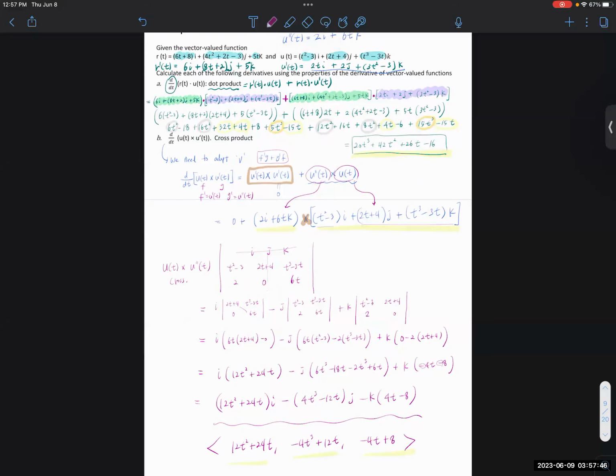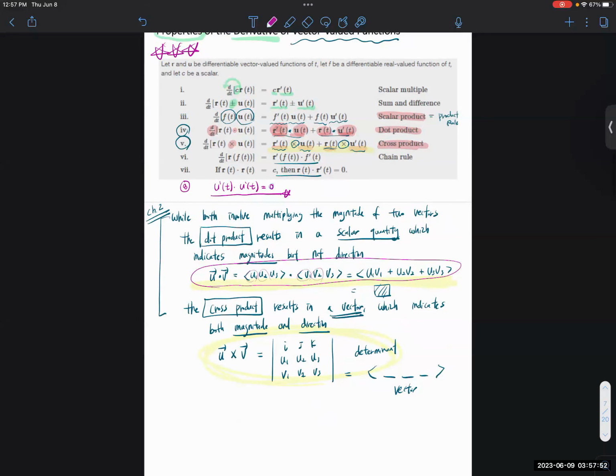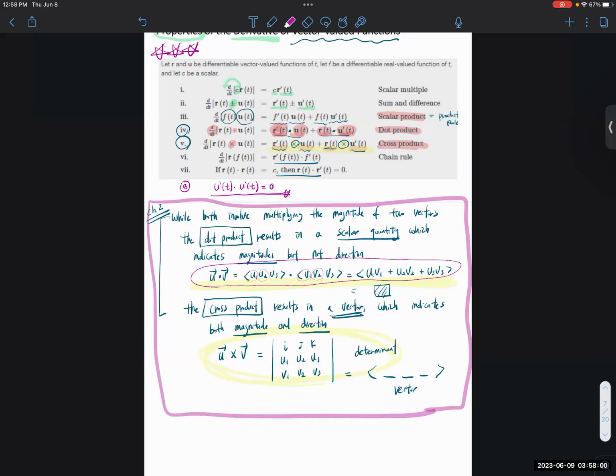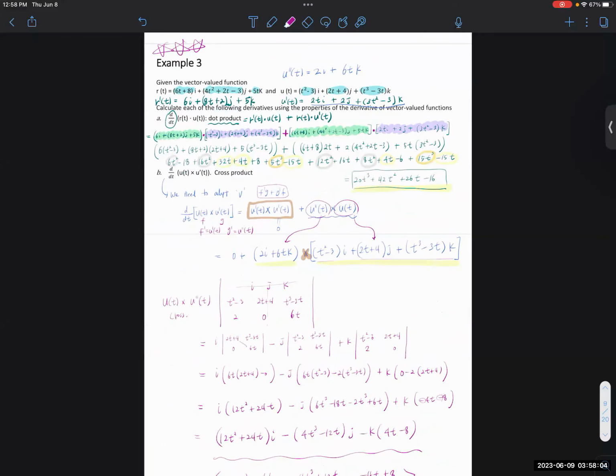Okay, so definitely this is good to know. So we literally use this property. I wrote the very important definition one more time, cross and dot product. Okay, so that's how we are taking the derivative and understanding its characteristic.